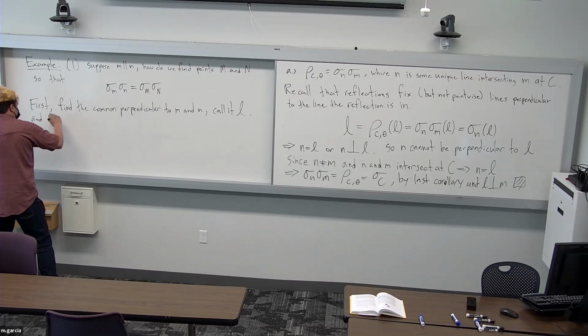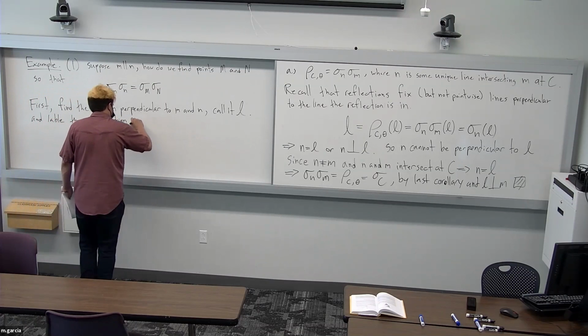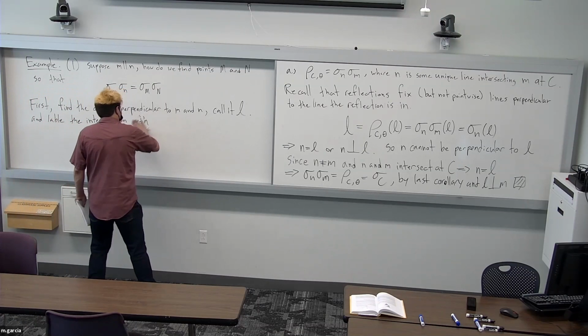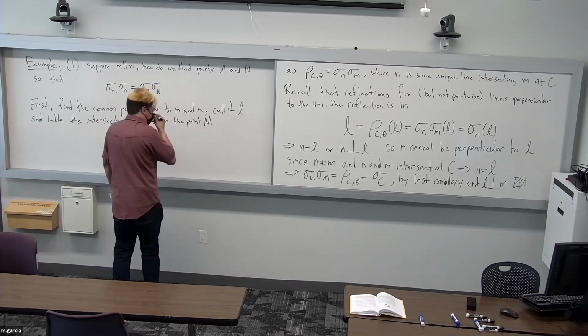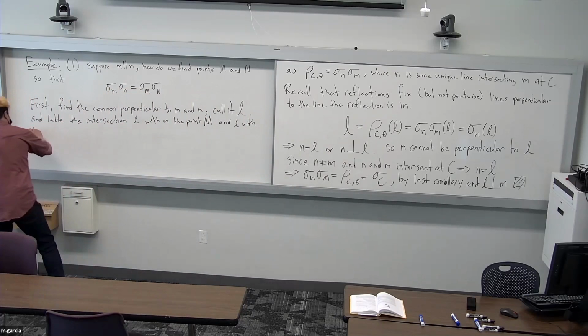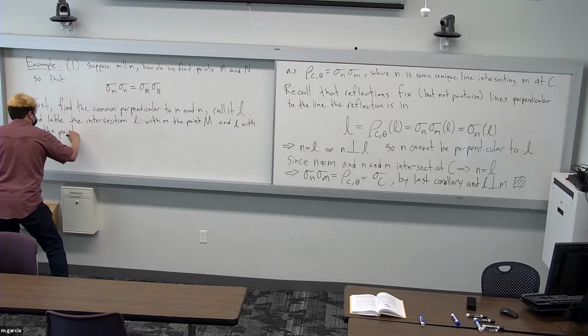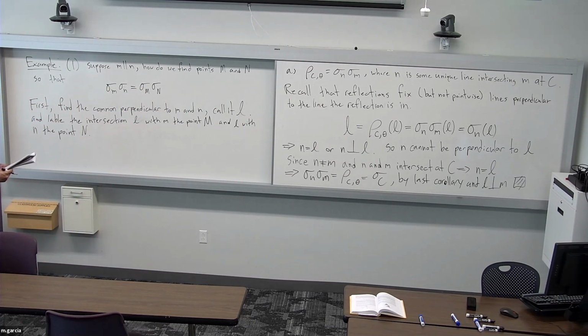Label the intersection of L with M the point capital M, and L with N the point capital N. So, now, instead of explicitly describing the translation, I want to do something a little clever.